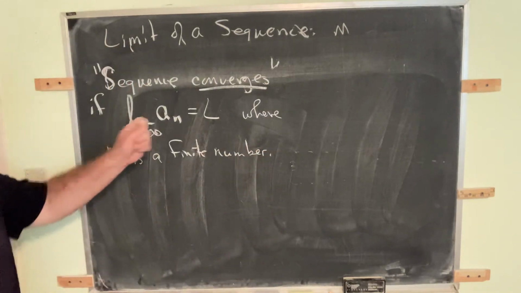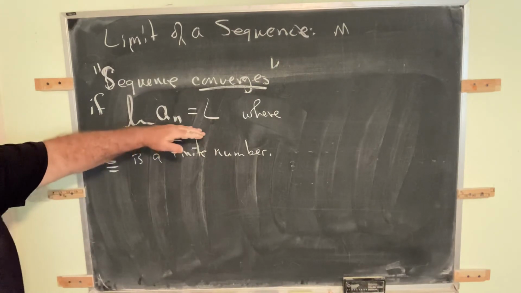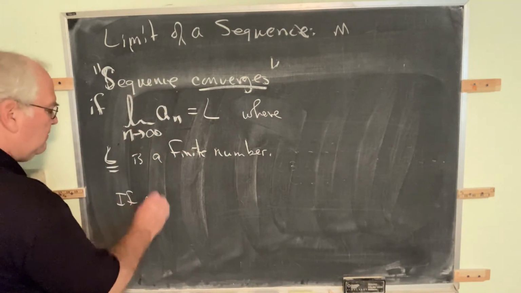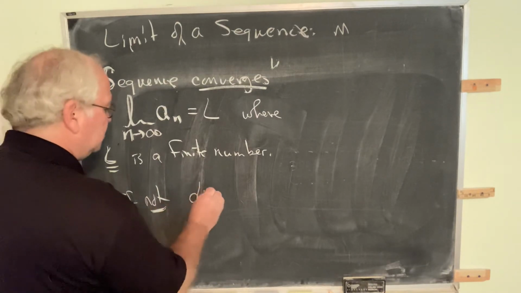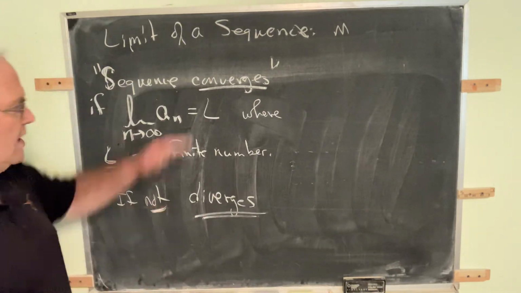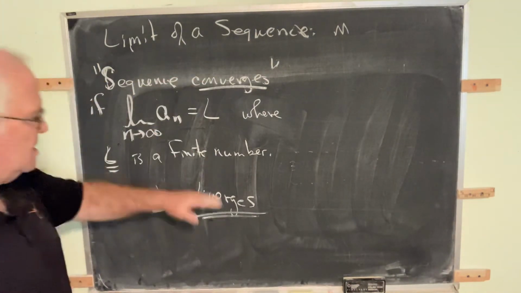If the limit is a finite number, then the sequence converges. If that is not true, then we say the sequence diverges. So it converges if the limit is finite. It diverges if that is not true.